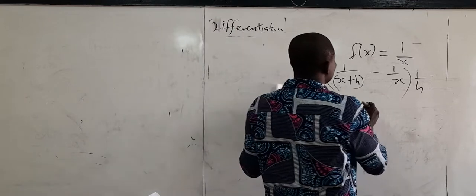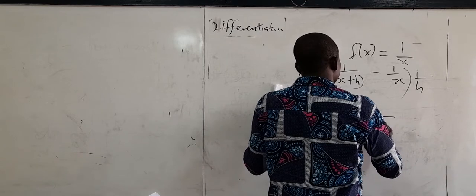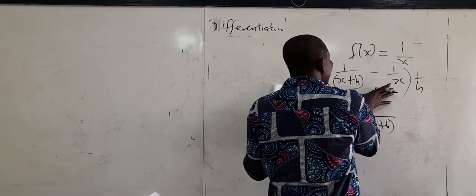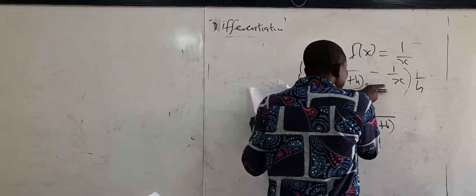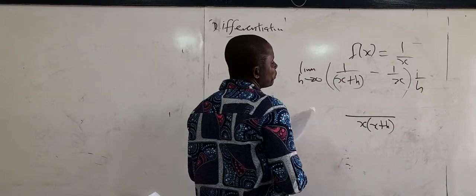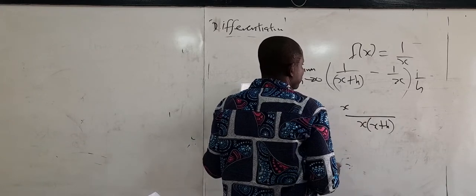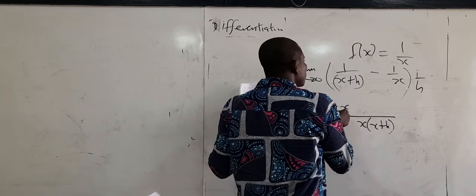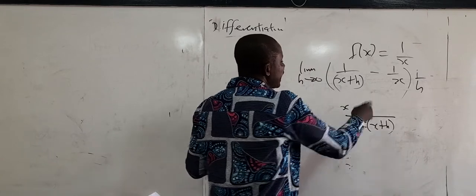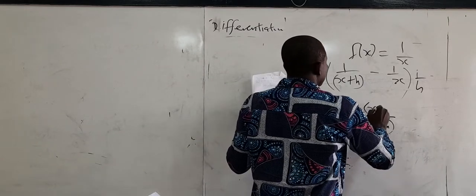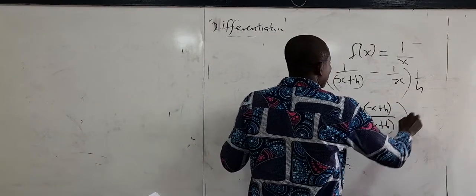So I can decide to write this in a simplified way. I'm finding the LCM for what is inside this bracket. So x goes into this, and this one cancels, so it will be x, minus x plus h, all over x times (x plus h), times 1 over h.